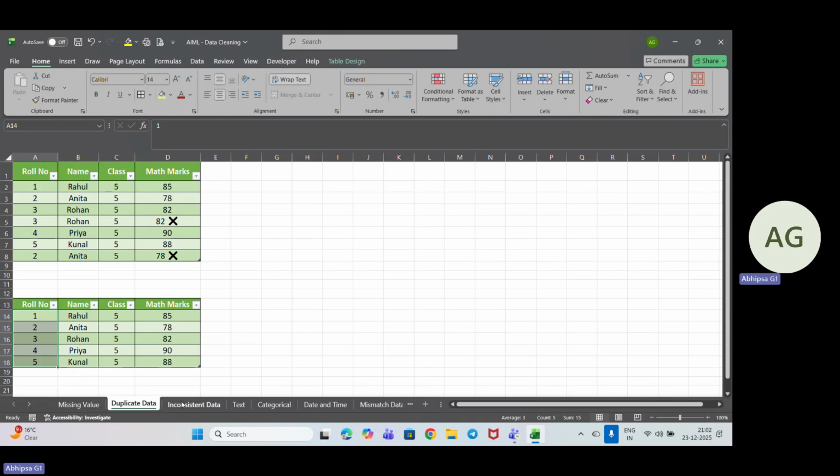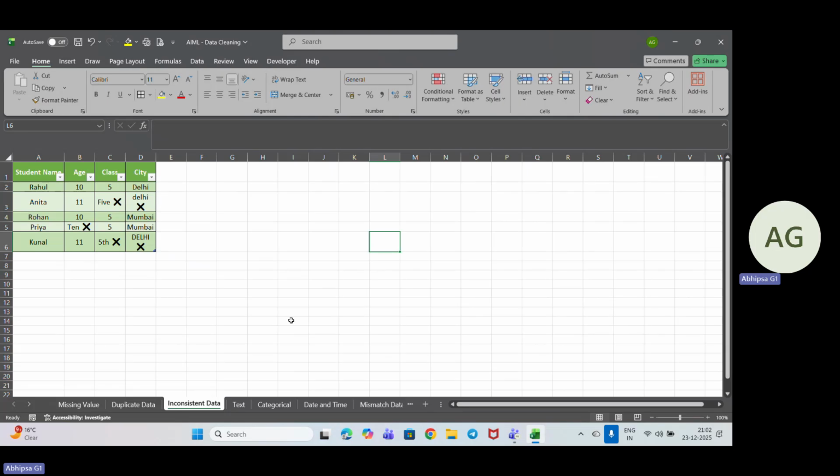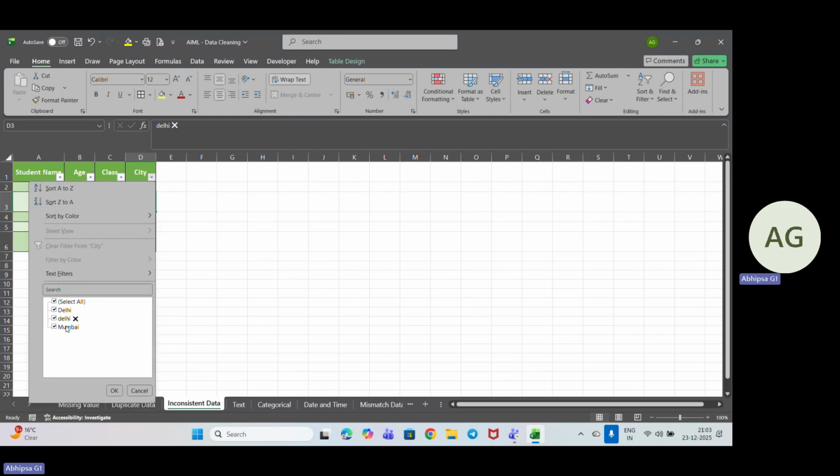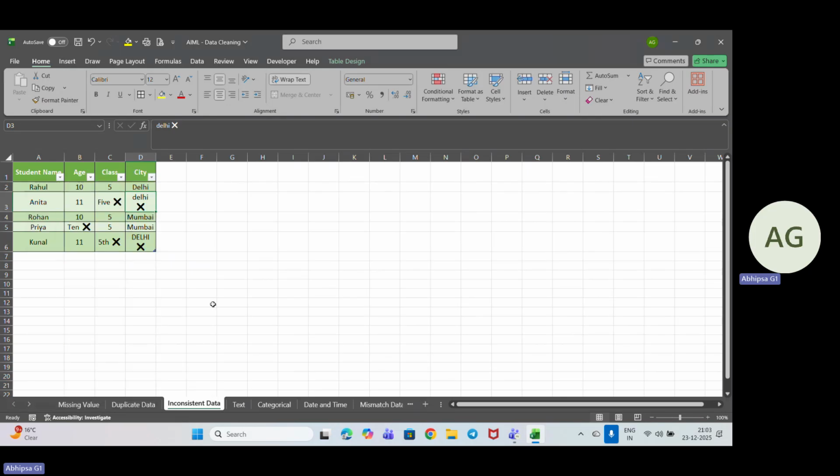Next, coming down, we have the inconsistency in the data. Inconsistency means some of the information is written in different forms, different spellings, different numbers or words maybe. Here you can see this Delhi and this Delhi have been written in different ways, so they will be taken differently. My system is case sensitive, and it is actually sentence sensitive.